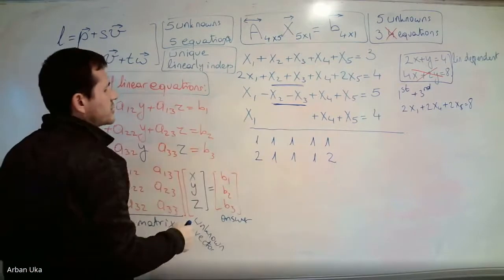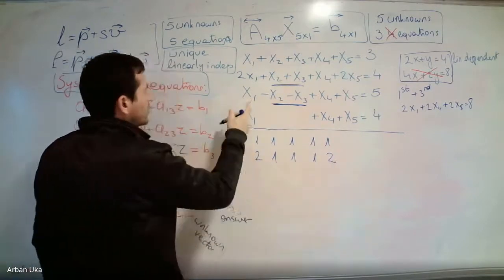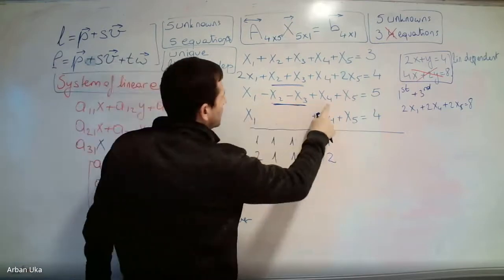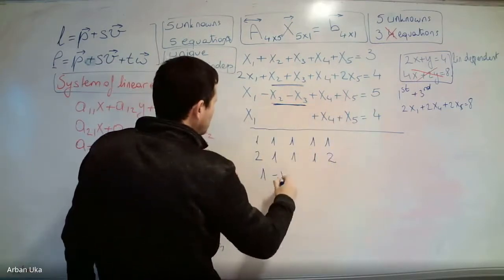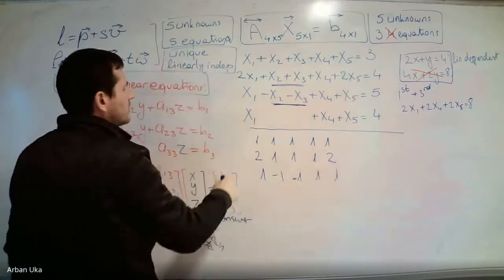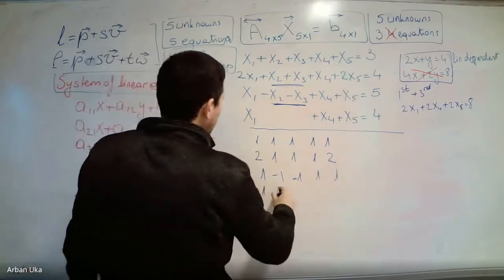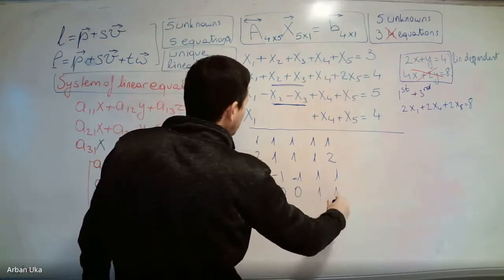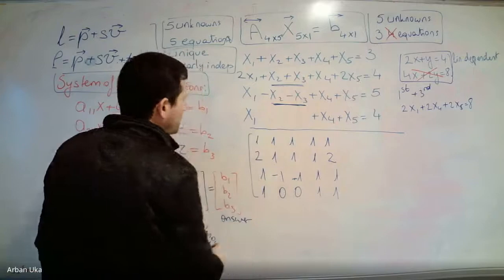This is the second equation, the coefficients. Then for the third one, we have 1, minus 1, minus 1, 1, 1. The last equation we have here is 1, 0, 0, 1, 1. So this is the coefficient matrix.